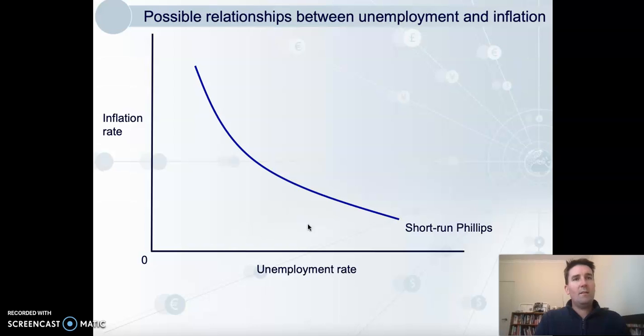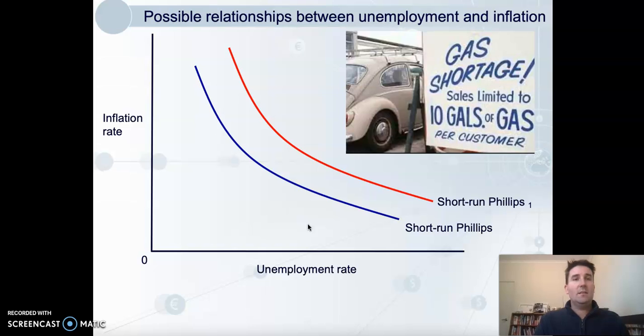Now, the short run Phillips curve can shift outwards. This would be caused by a decrease in SRAS, the short run aggregate supply. For example, in the 1970s there was an oil crisis. The price of oil went through the roof. That increased the cost of production of goods and services, and the result was higher inflation and higher unemployment.